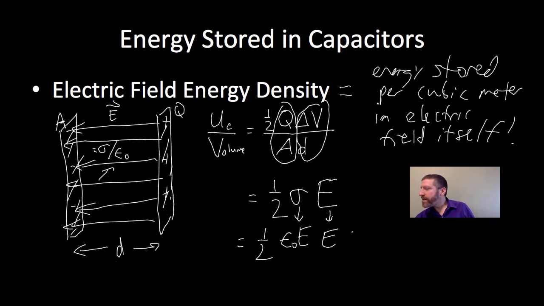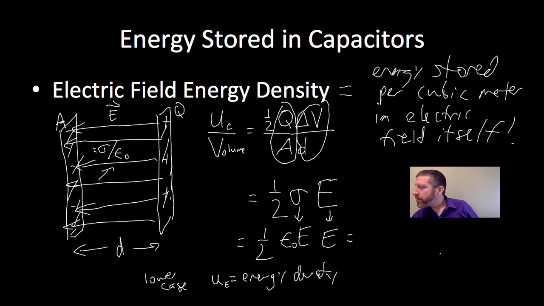So what I get is the energy density. We use the little symbol u. It can be difficult because it's a lowercase u. And that is equal to u sub E, the energy density of the electric field.